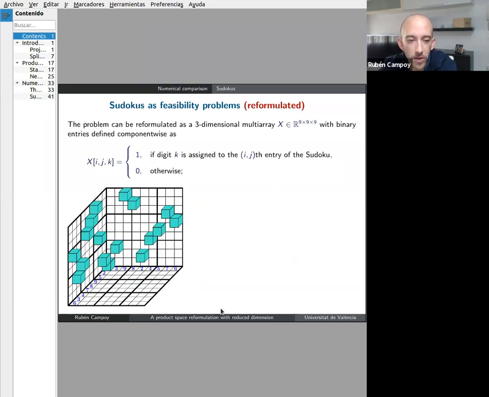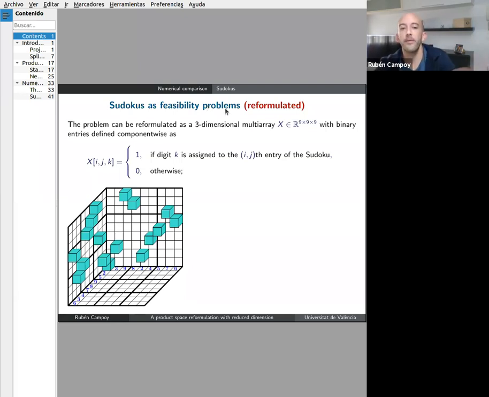So the reformulation looks like this. We have a 3-dimensional array. In the bottom, we have the Sudoku. And if we want to put 6 in this position, then we put a vector with all the components 0, but the 6th component, which will be the 1.